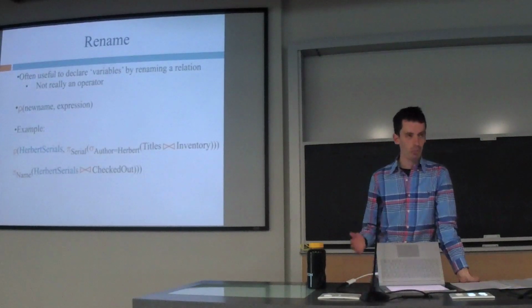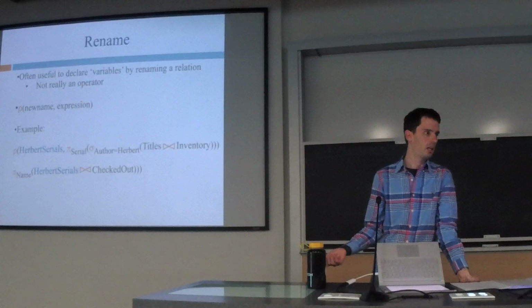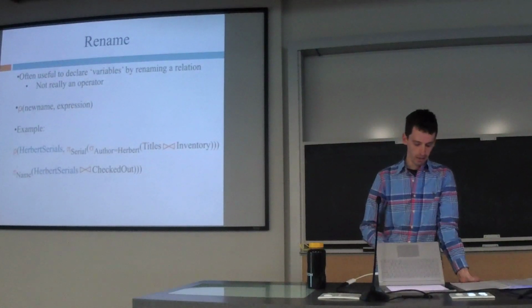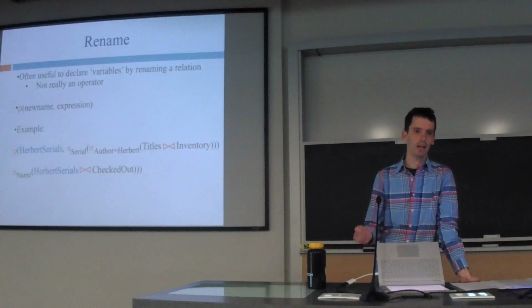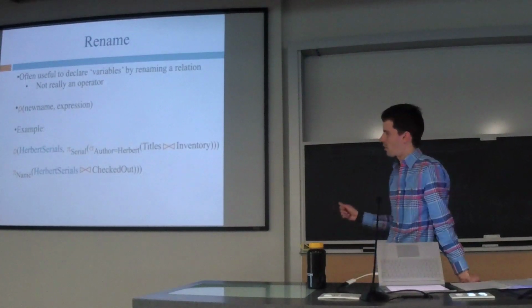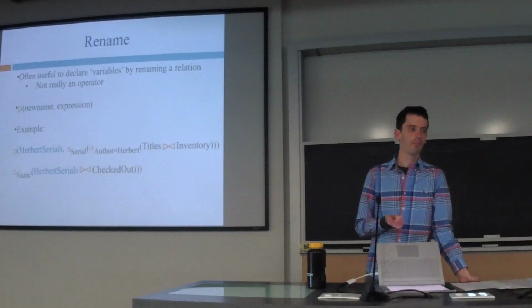So I could do something like Herbert serials natural join checked out gives me people who have checked out a book by Herbert. So remember, Herbert serials only contains serial numbers. So I can do a natural join on checked out because checked out has a serial number column.